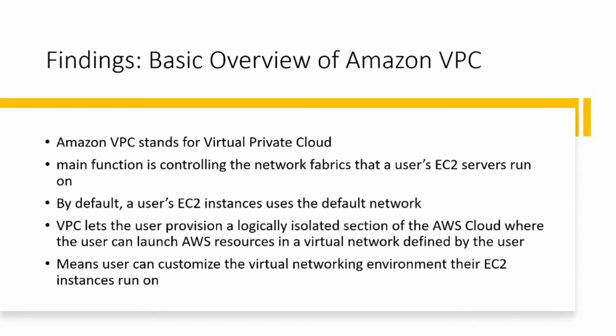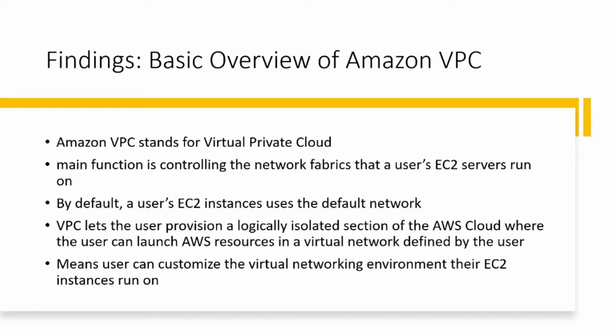So my findings, a basic overview of Amazon VPC. It stands for Virtual Private Cloud. Its main function is controlling the network fabrics that a user's EC2 servers run on, and resources.